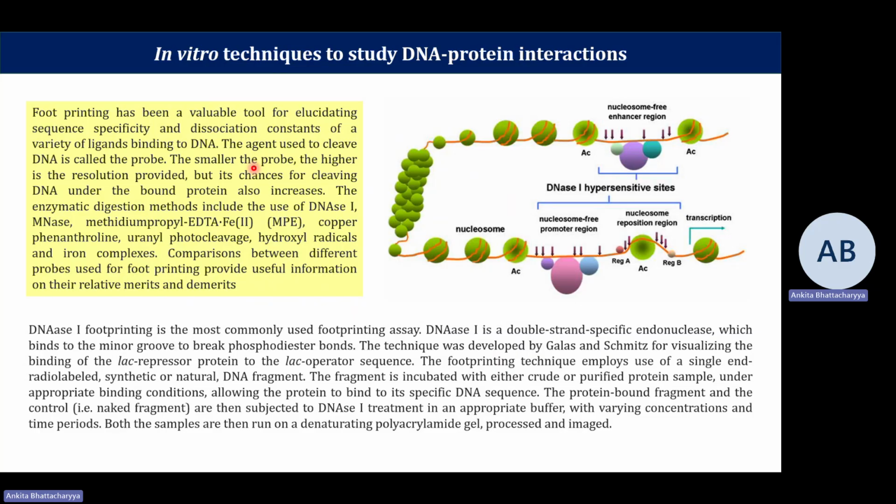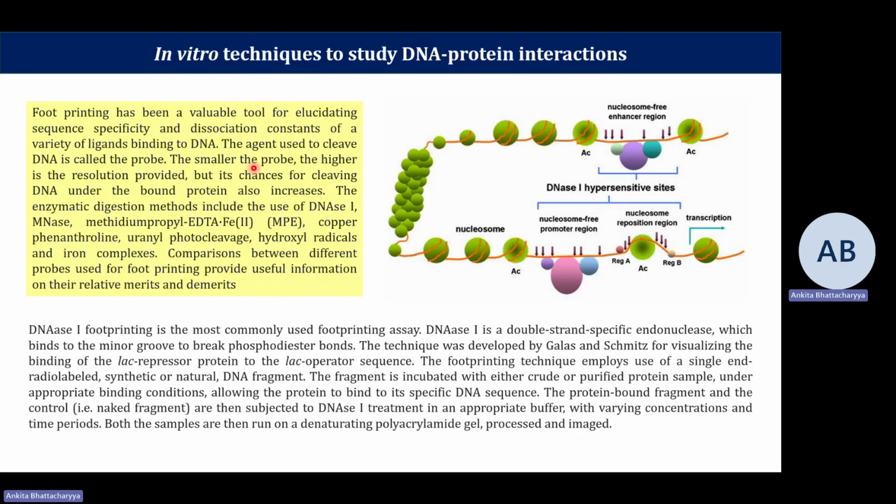then MNase. I think we have discussed MNase as well, the way in which micrococcal nuclease cuts. Then you have MPE, which is methidium propyl EDTA, EDTA Fe2, chelated iron.